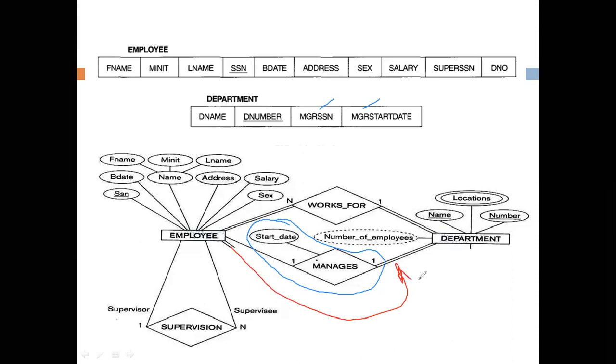One employee manages only one department. Next, how many managers will a department have? That we will write over here. That is again 1. Each department is managed by one manager, and one manager manages one department. So both values are 1 over here.